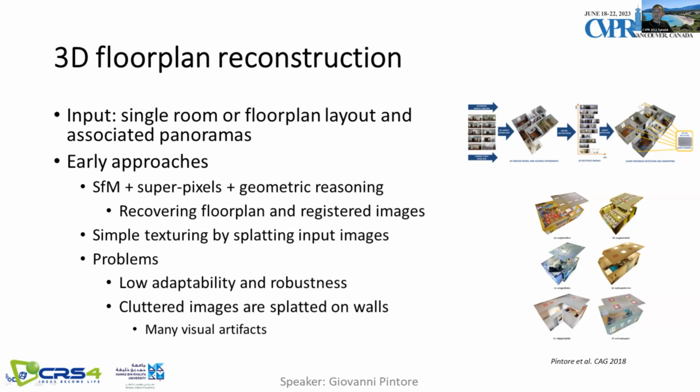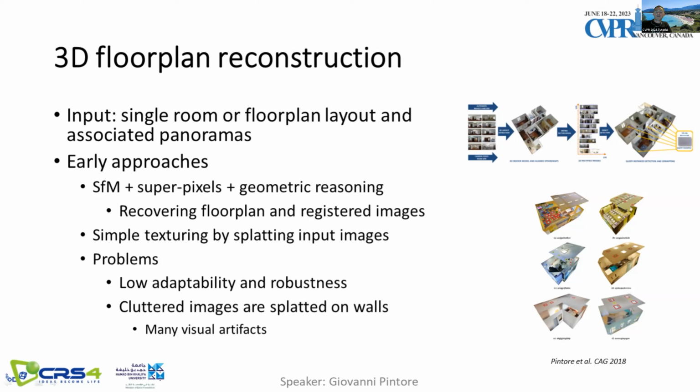As we have seen before, early approaches exploit structure from motion and superpixel segmentation. Then they use geometric reasoning and other heuristics to obtain the 3D floor plan. In this case, the 3D model is textured by just warping and splatting the original cluttered images, which are registered on the geometry thanks to the structure from motion.